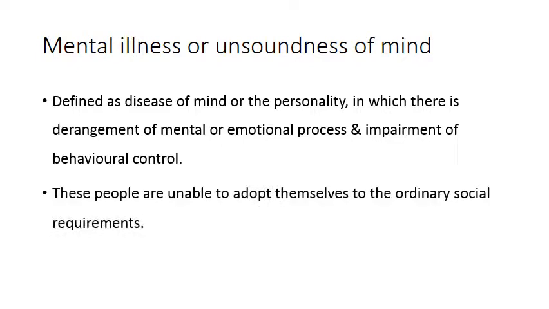These people are unable to adapt themselves to the ordinary social requirements because of the impairment of the behavioral control, or there is derangement of the mental or emotional process. They are not a normal human being. They do not adjust to the ordinary or normal surroundings.